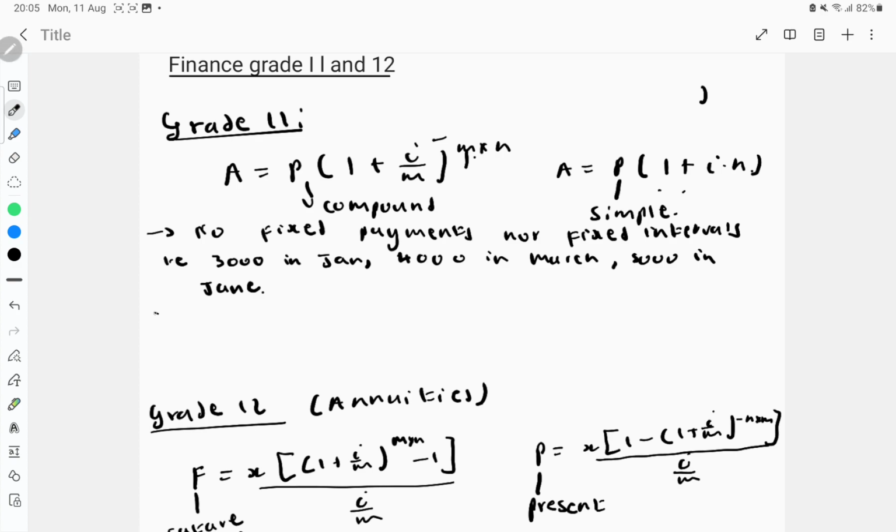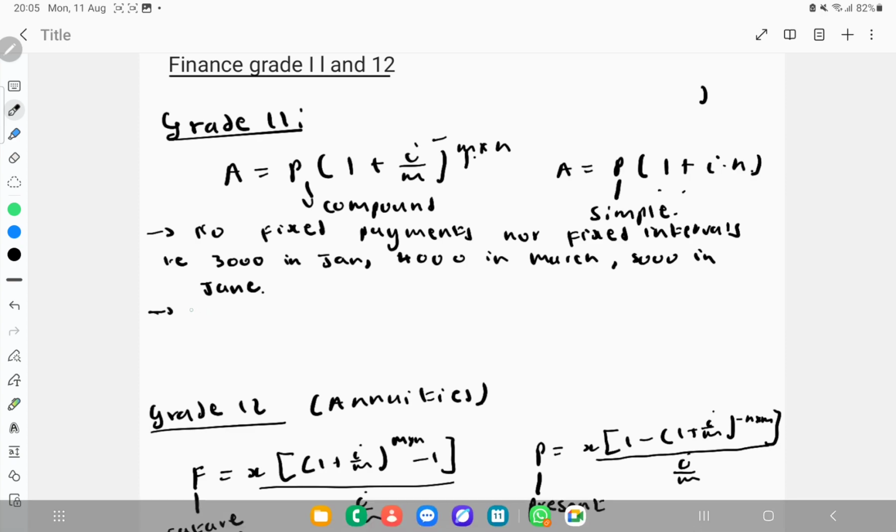And then again, when do you use the grade 11 one? It can be no fixed payment, like both of them are not fixed, or one is fixed.